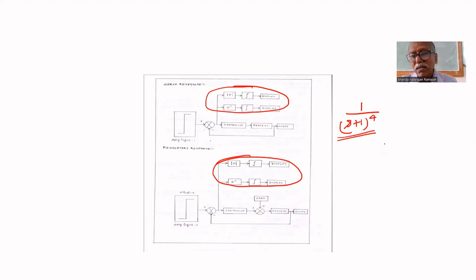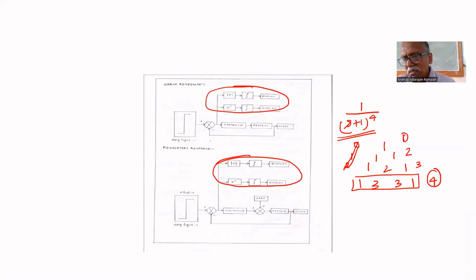You know the triangle: 1; 1, 1; 1, 2, 1; 1, 3, 3, 1, for zero order, first order, second order, third order. So we have to find one more: 1, 4, 6, 4, 1. This is fourth order.